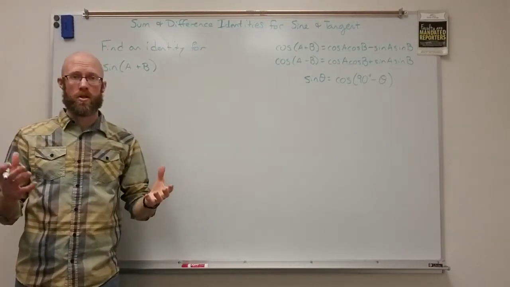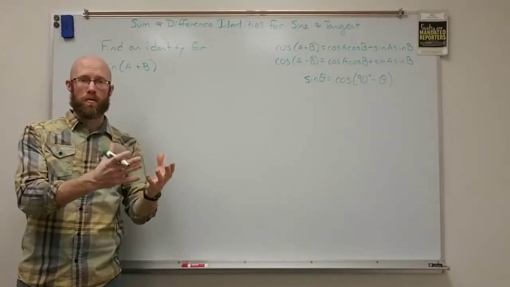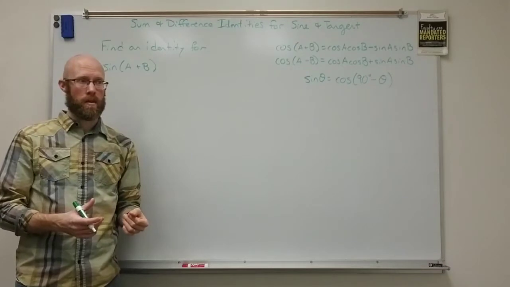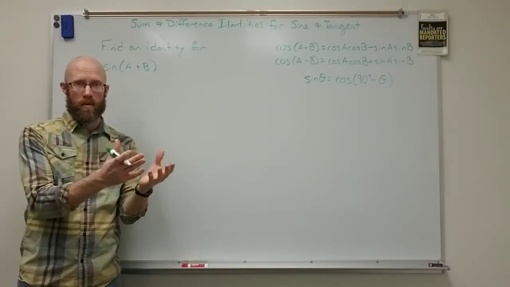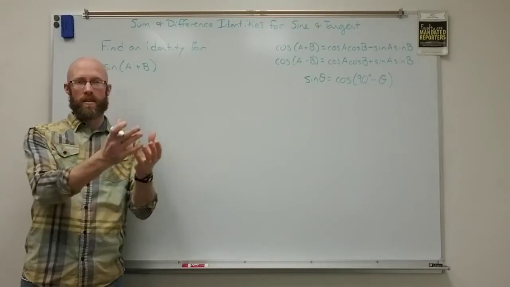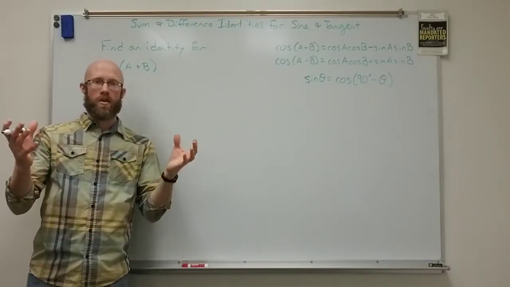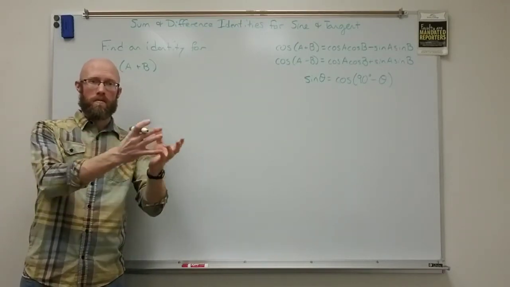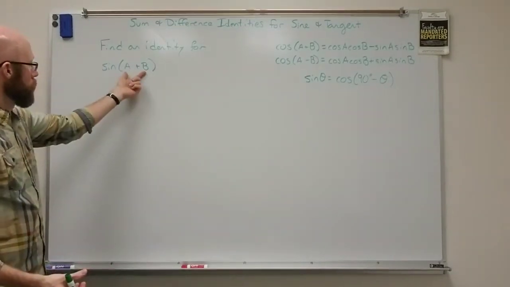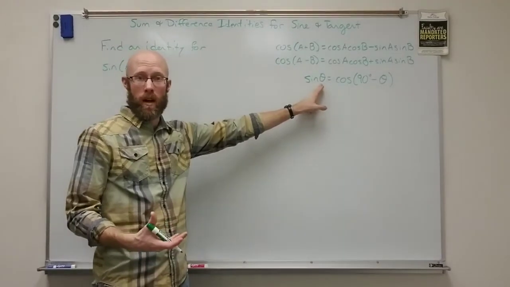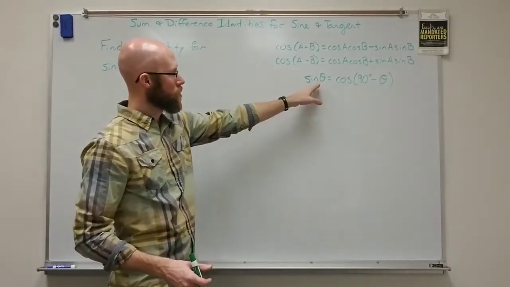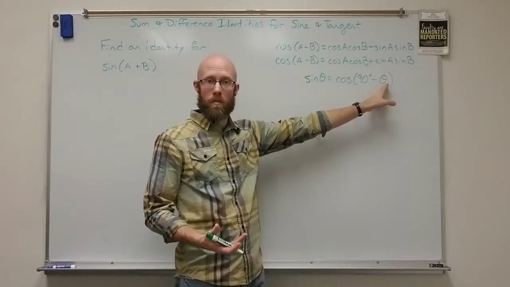A plus b is just the sum of two angles, but it itself would be an angle, right? The sum of a 15-degree angle and an 8-degree angle is a 23-degree angle. And so the sum of two angles will itself make an angle. So if we want the sine of a plus b, consider a plus b as being this theta. Wherever there's a theta, we can replace it with a plus b.